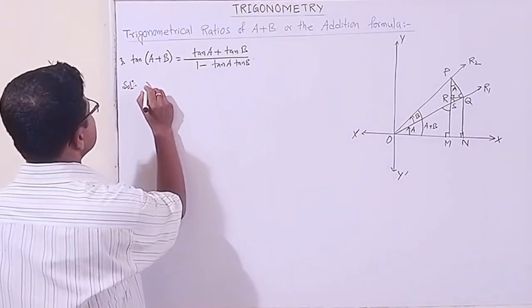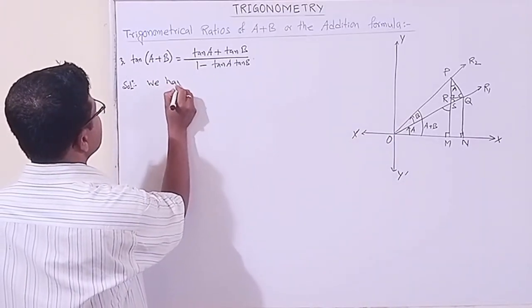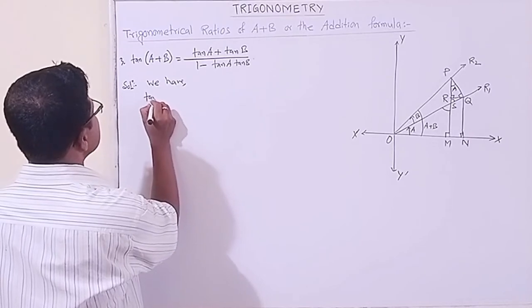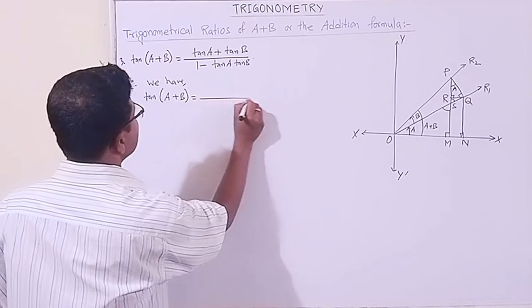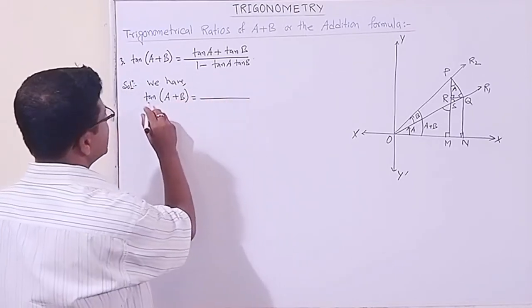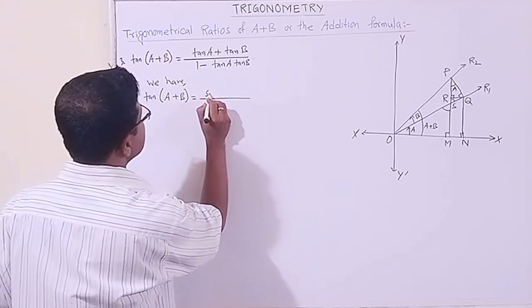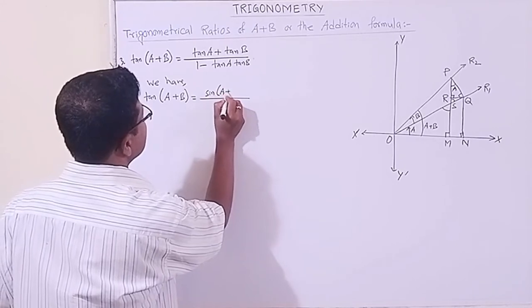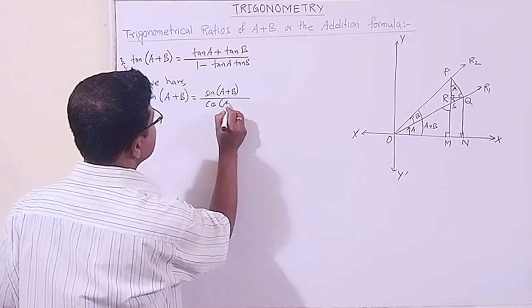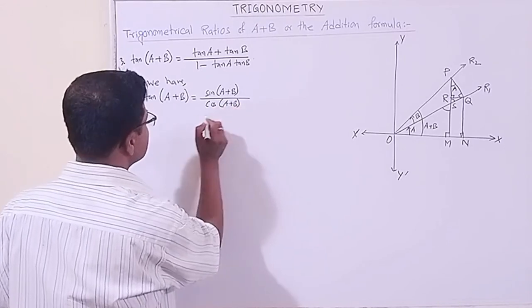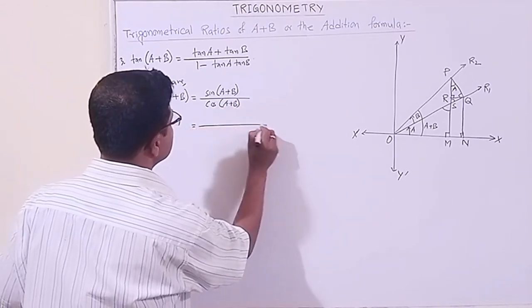So what do we have? What is tan of a plus b? Tan means sin by cos. So as it is tan of a plus b, we shall write sin of a plus b divided by cos of a plus b, and let us expand this.